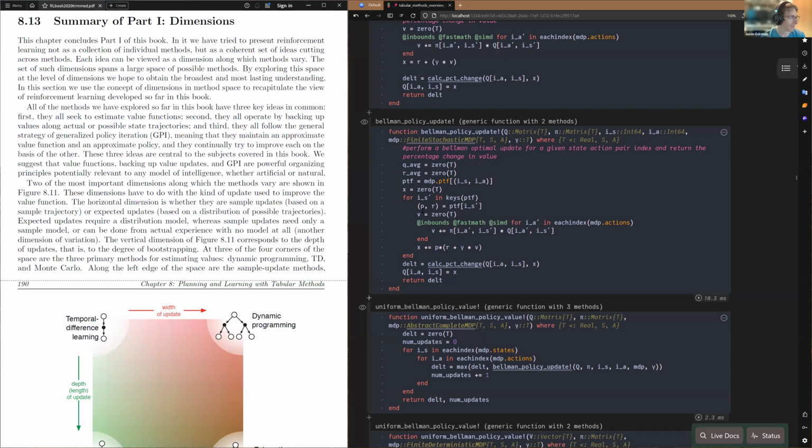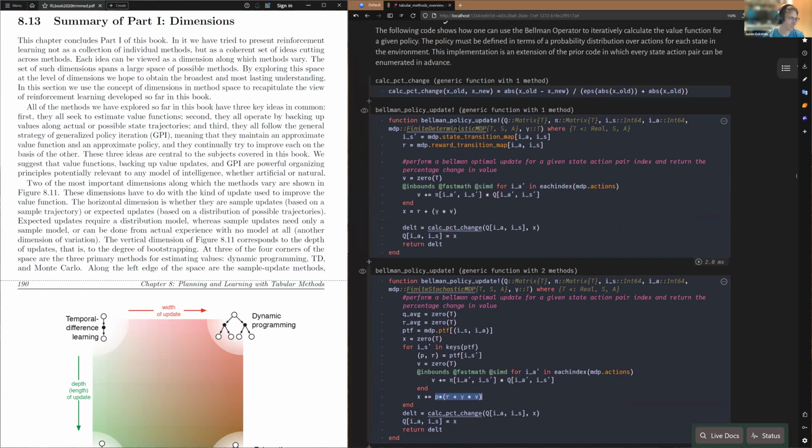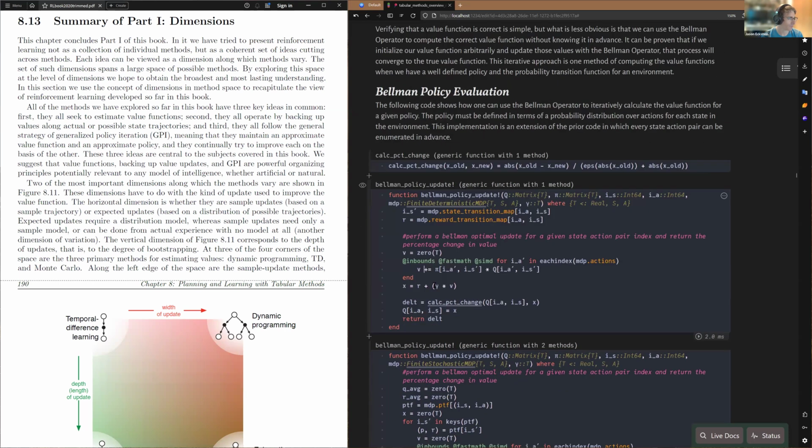But you can see inside of this function, this step, I have to accumulate the probabilities if it's a stochastic MDP. This is easier to see for the deterministic MDP, but this combination of updates is just evaluating the Bellman operator, where I'm taking the R plus gamma times V.